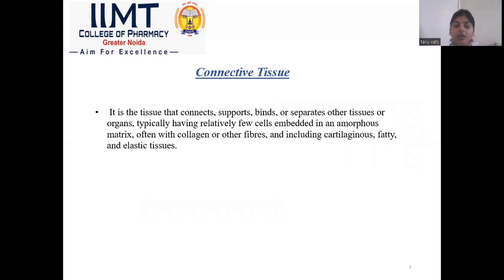Connective tissue. Connective tissue is a tissue that connects, supports, or separates other tissues or organs. Basically, they contain an intercellular substance which is known as matrix. Their function is to provide support to the cell and it also binds the cell.